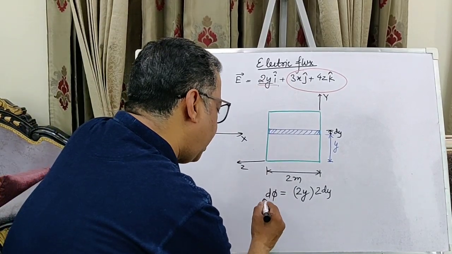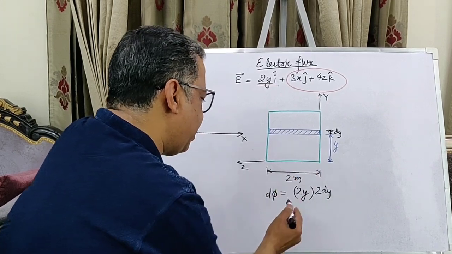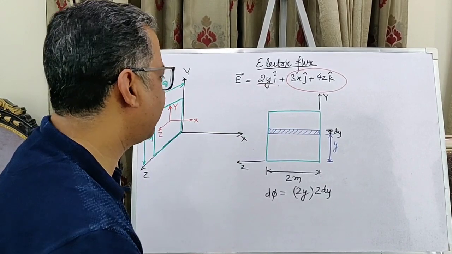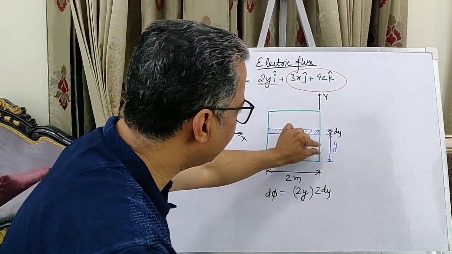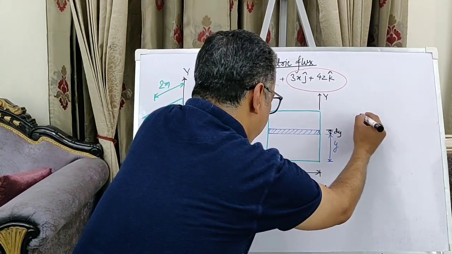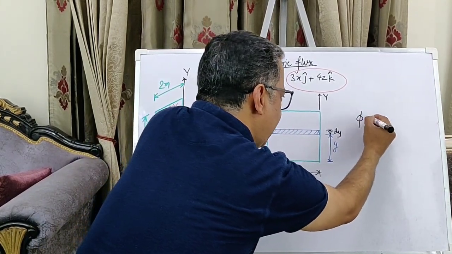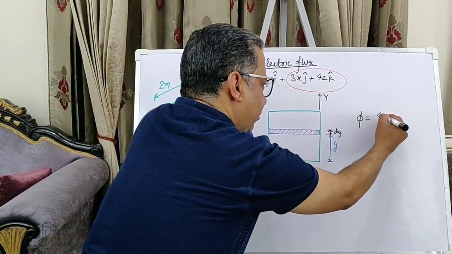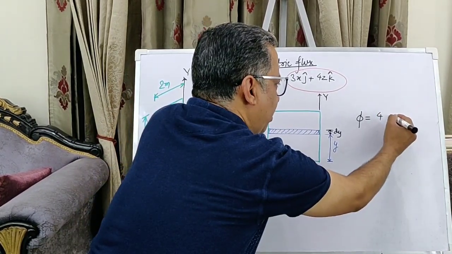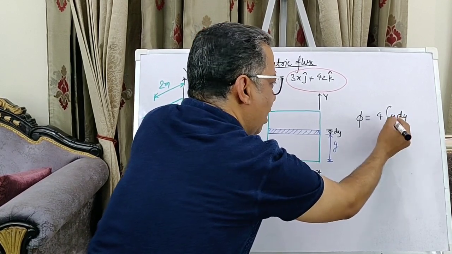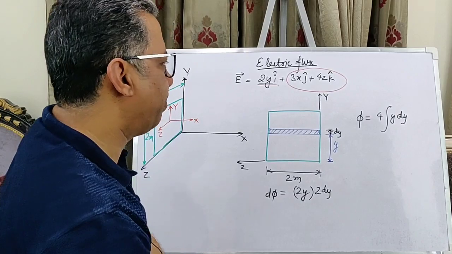So that's the flux through the element. Now we'll be doing a summation of electric flux for all such area elements to get the flux through the entire area. So phi would now be equal to 2 times 2, that's 4, into integral of y dy. Constants come out of the integration process.